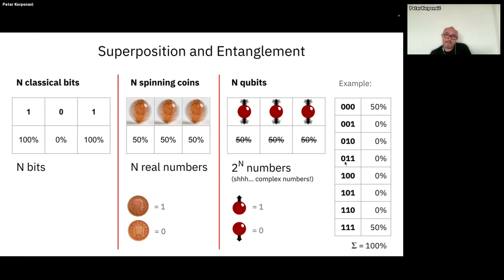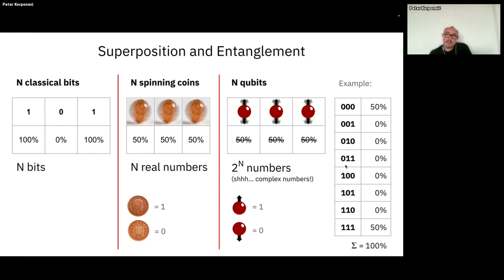And now, because this vector here can be very large, if we have 272 particles, the number of elements in this vector is comparable to the number of atoms in the observable universe.